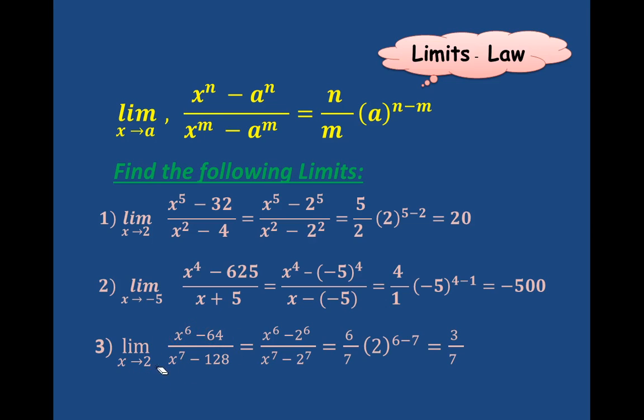Another example. Problem number 4: limit when x tends to 2 of x power 3 minus 8 over x minus 2. This problem can be solved by two methods. The first method is by using factorization, factorizing the numerator as a difference between two cubes.